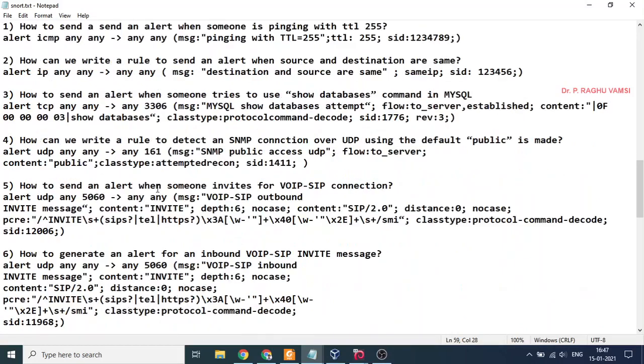I have collected some important things that are frequently used, and obviously these are not my creations, but this is already available in the rule sets. If it is a user rule, obviously it will be greater than 10 lakh. These are the rules which are less than 2000, so you are supposed to assume these are the inbuilt rules.